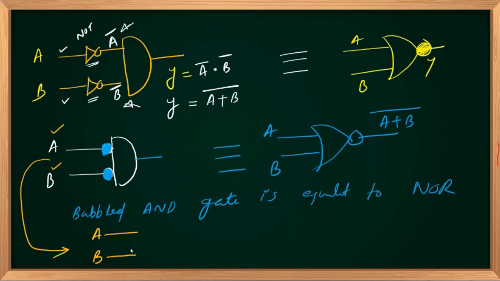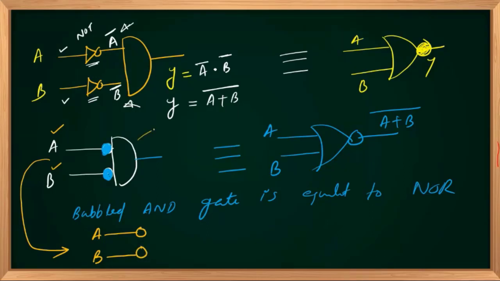And I have a bubble. Bubble implies a NOT gate. What was the dual of my NOT gate? Yesterday we discussed. Dual of the NOT gate is the NOT gate itself, so it appears as a bubble itself.